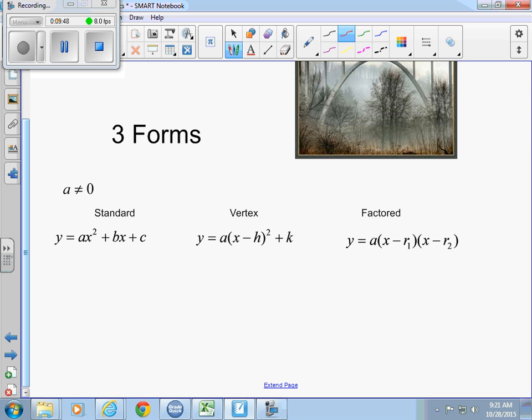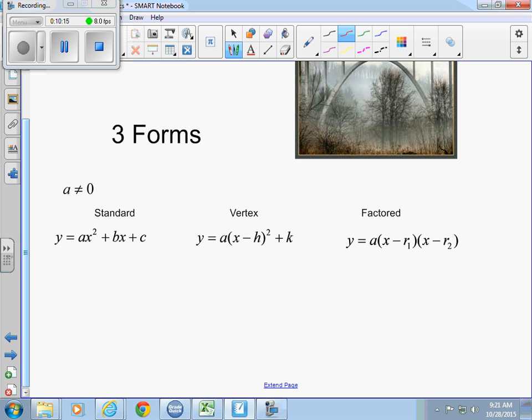That's what we're going to focus on over the next few days, is working with vertex form. And then there's factored form. You're pretty good at factored form. We know how useful factored form can be. So these are the 3 different forms of a quadratic. They all make parabolas. And so we're going to learn in each form what we can find out and what that can tell us. Any questions about that?